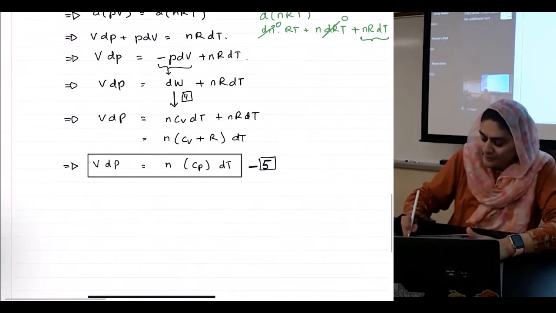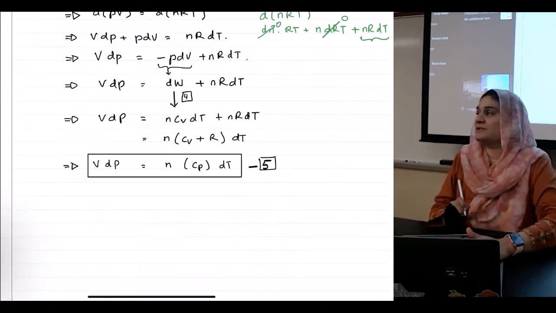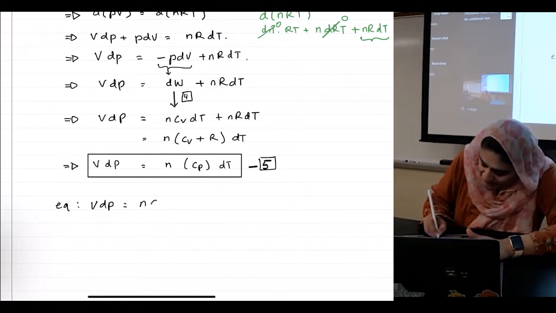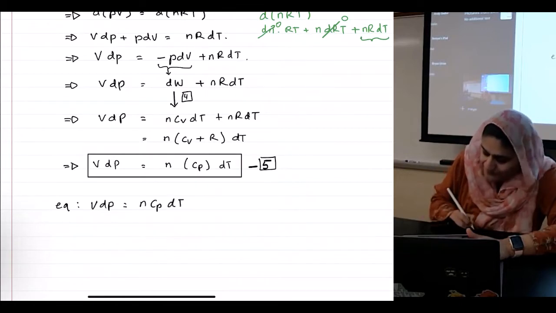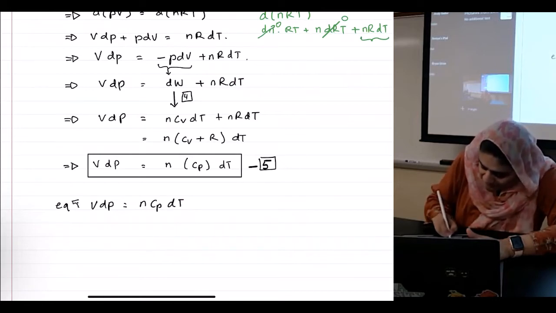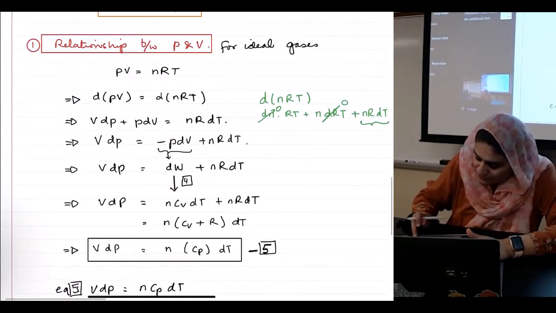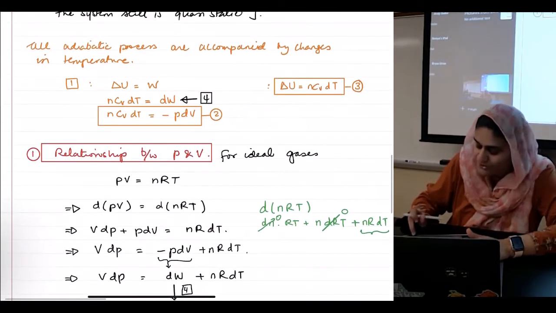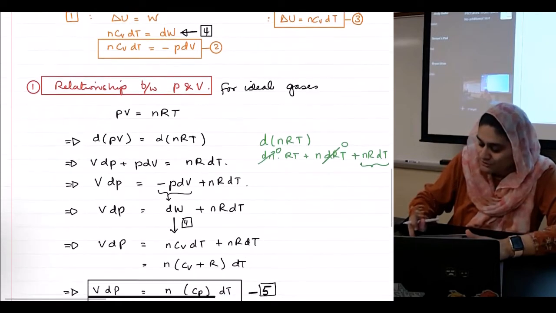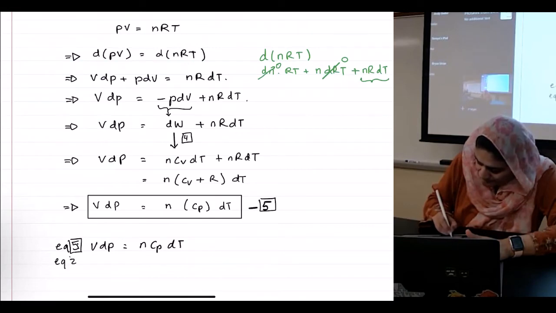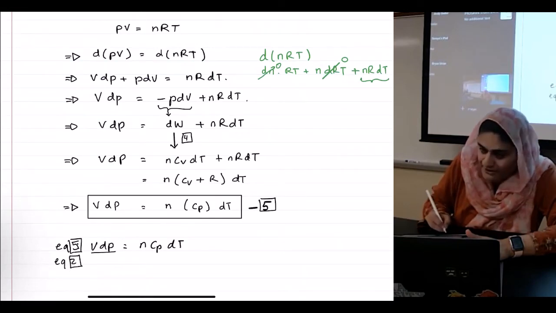Now, am I allowed to divide two equations in math? Okay, so if I take equation 5, VdP equals nCP dT, and I also take my equation 2, can I divide equation 5 by equation 2?